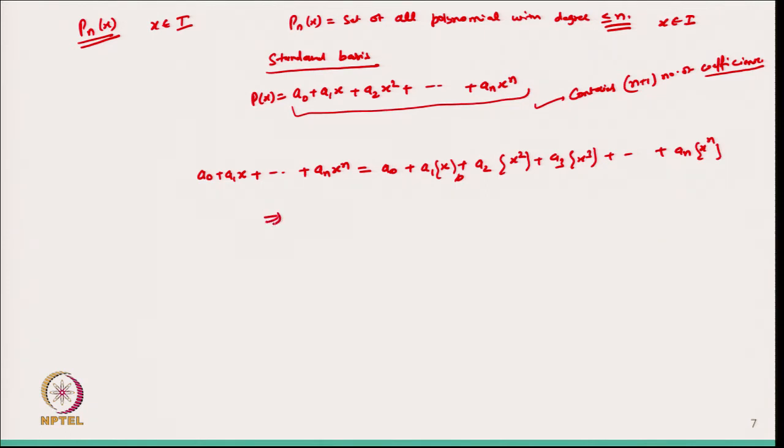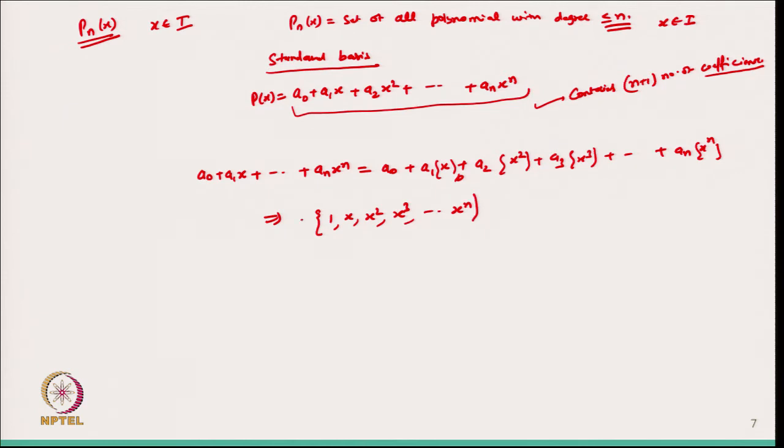So, from here you can say that if I choose any vector from here, then I just take a set containing the elements 1, x, x square, x cube, up to x n.